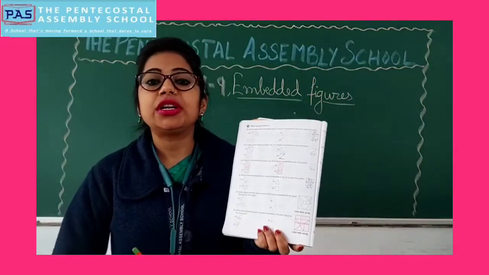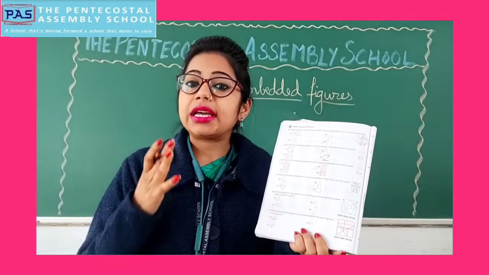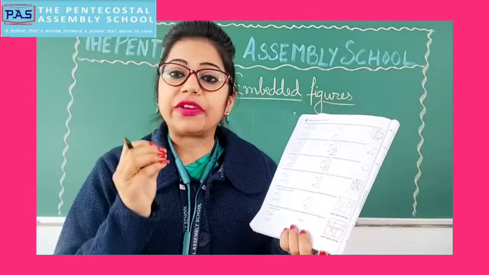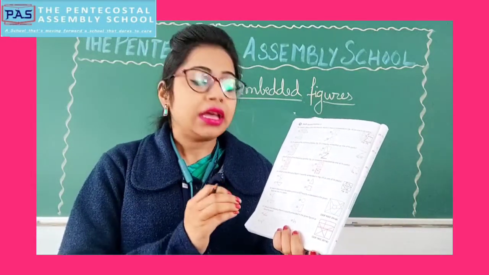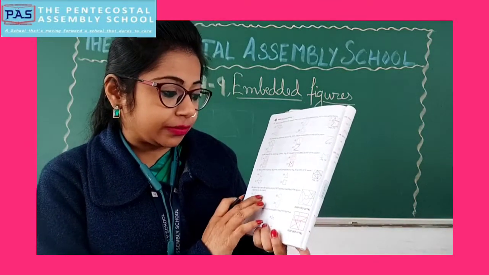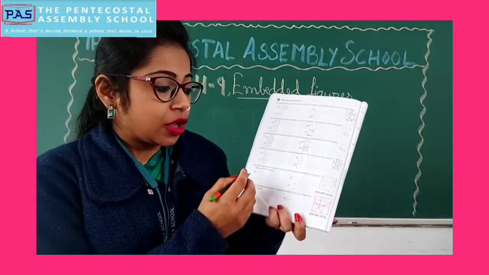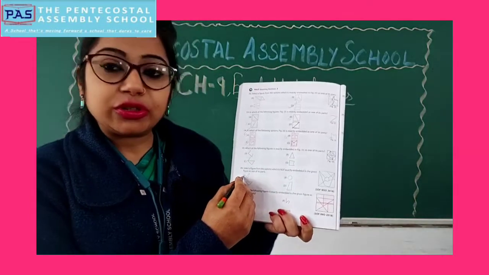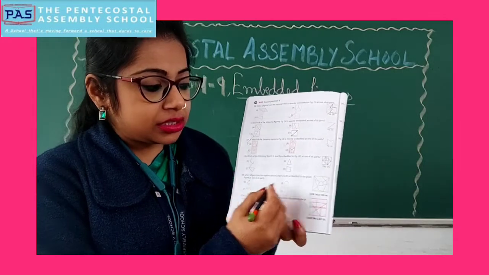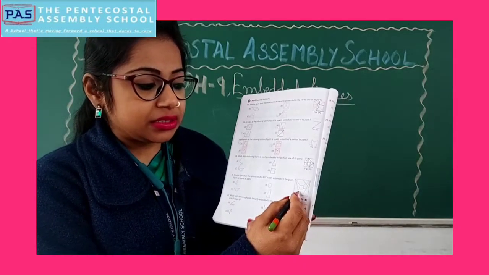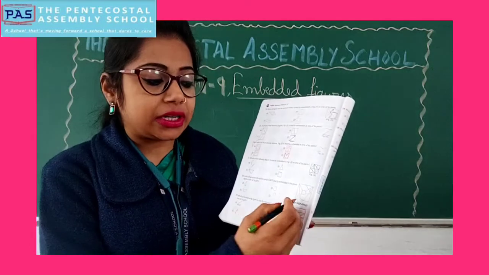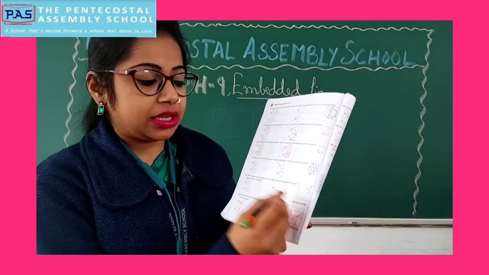In this question, you have to select that option which is the figure not embedded in figure X. So you have to check option A. Is this part present? Which figure is not available in figure X?